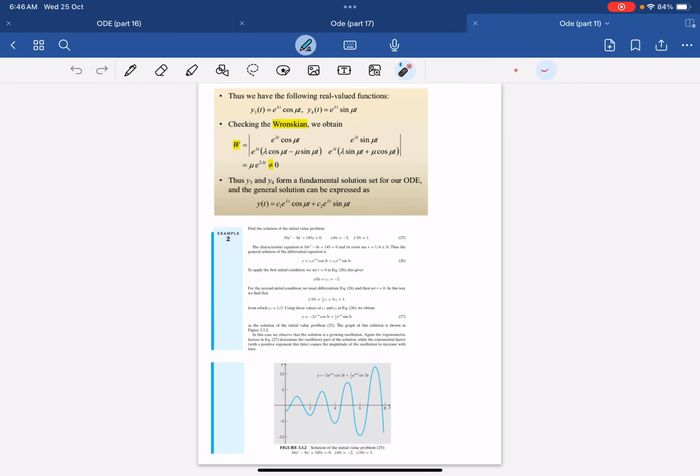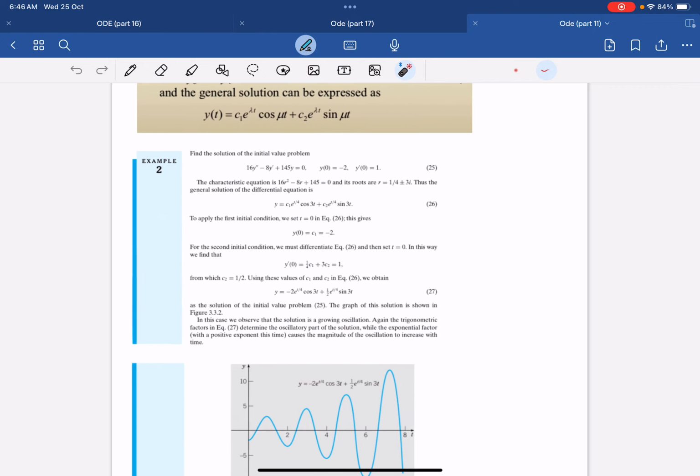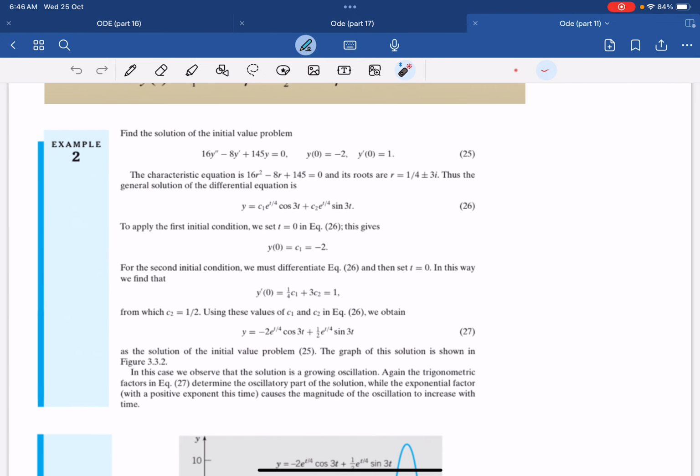So I hope you understand the procedure of solving it, as it's not too difficult. We will just see a simple example to better illustrate the point. Let's say we now want to find the solution to this IVP here, and these are the initial conditions. Then the characteristic equation will be 16r squared minus 8r plus 145.